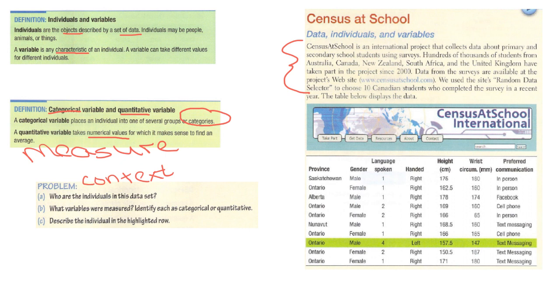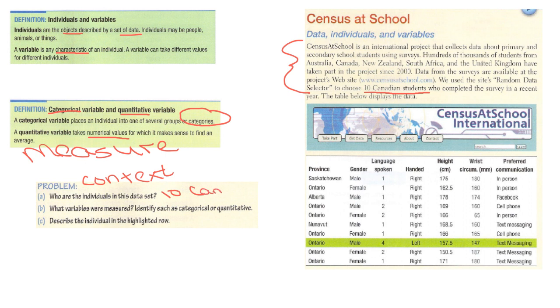Okay, so hopefully you've read it, and now we can answer these problems A, B, and C here. So the individuals in this particular data set are going to be these 10 not randomly selected, these 10 Canadian students that completed the survey. Hopefully they were randomly selected. Okay, so those are going to be our individuals.